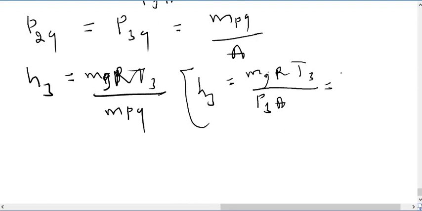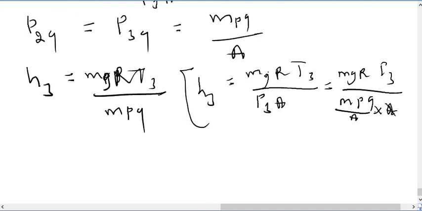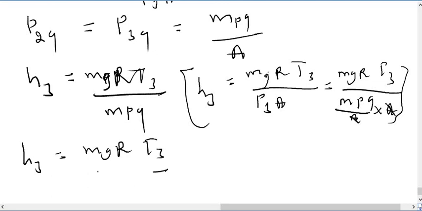So this is the same as m g R T3 all over m p g over area times area. So area goes with the area. So H3 is m g R T3 all over m p g. So this is equation 2.